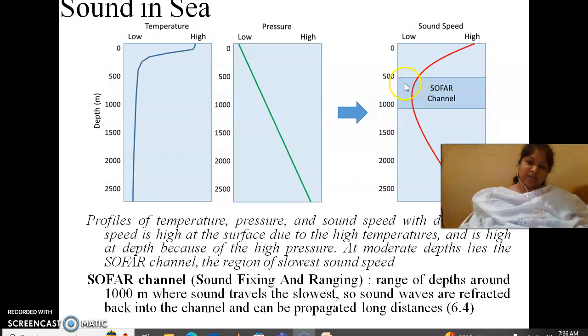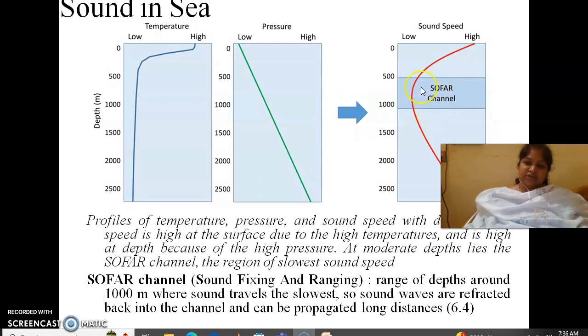So at 500 to 1000 meters, the density will be a little bit less because of this pressure and temperature variation. Whatever sound is produced at this depth, 500 to 1000 meters, will be traveling within this.